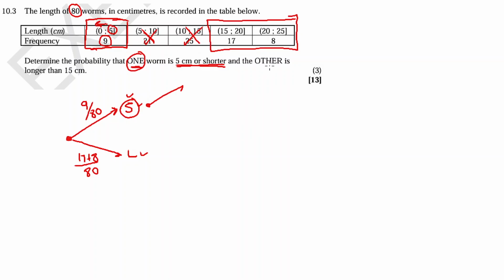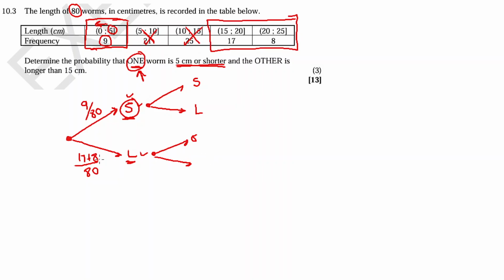How do I know that I have to prepare branches? It's because of the first one we choose, it's either the shorter one or the longer one. And then there's another choice, so we choose the first one, then choose another one, right? So it's either I'm going to get a shorter or a longer one again.